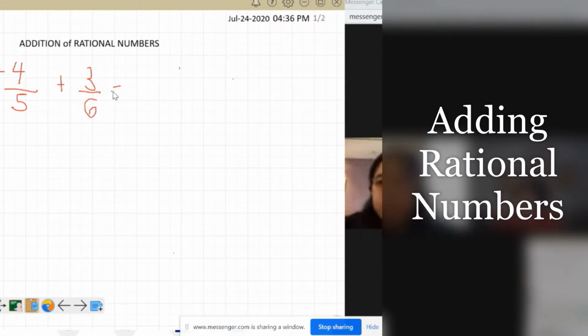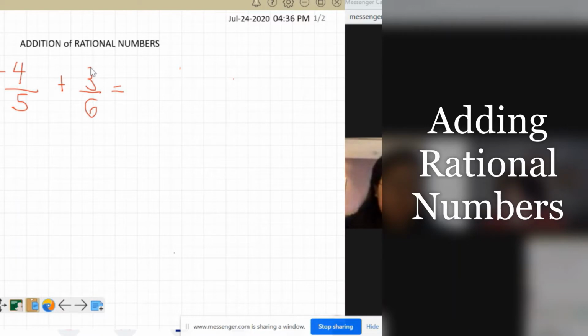Since the denominators are not the same, we need to make the denominators the same by multiplying the fractions by the denominator. Meaning, we are going to multiply this 6 to the whole of this fraction and 5 to the whole of this fraction. That's one way of doing it. It's a technique.